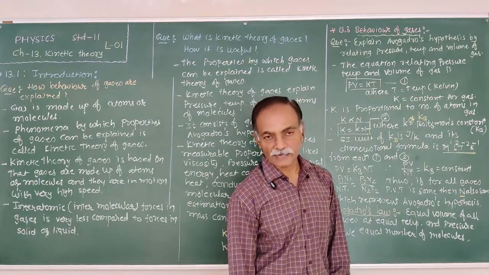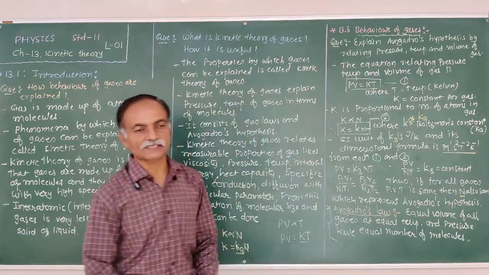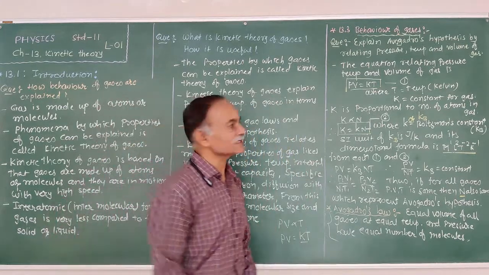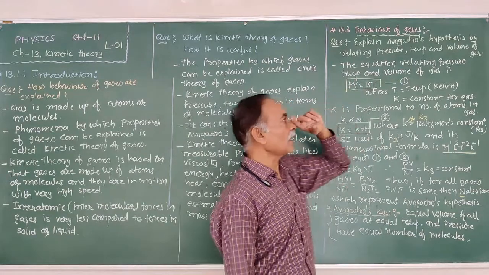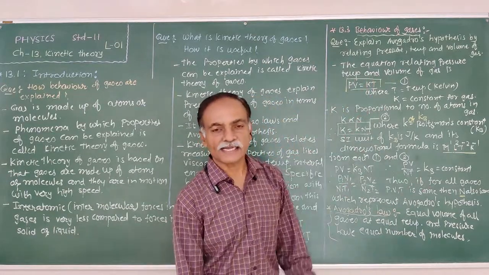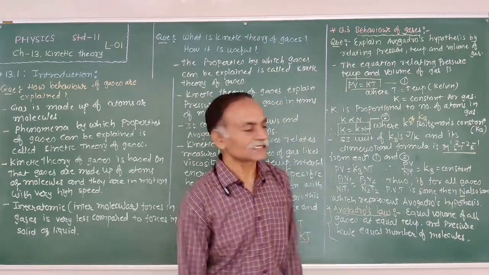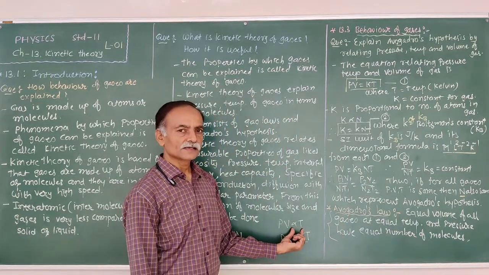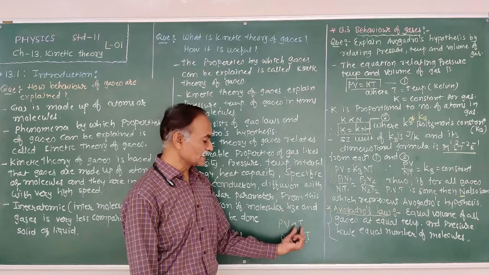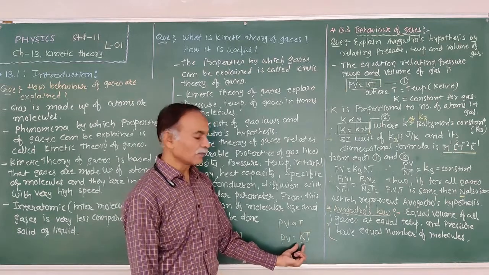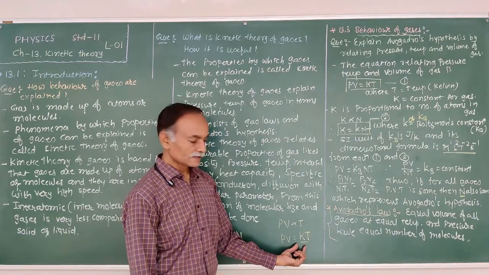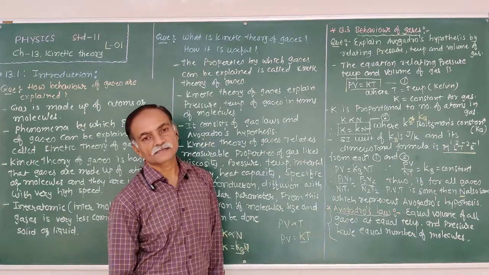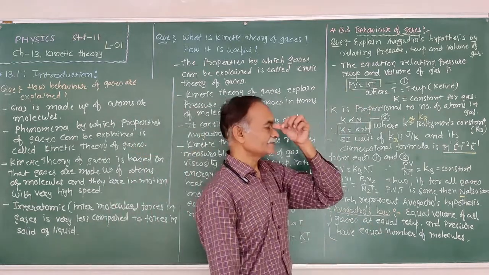We start from this to derive, or explain, Avogadro's hypothesis. In other words, PV is equal to KT, K is the constant, and T is temperature in Kelvin.